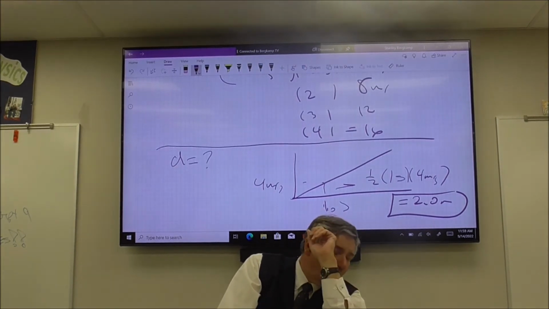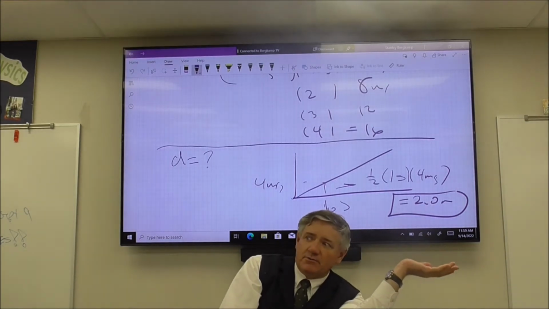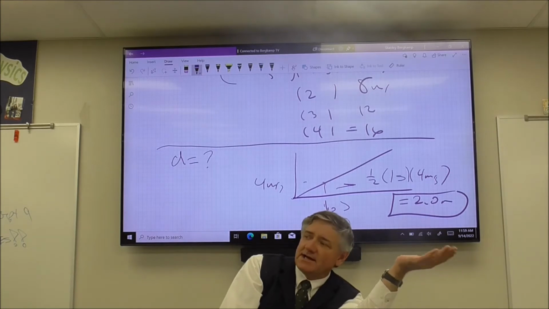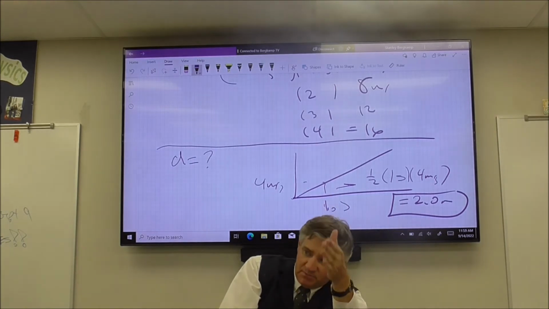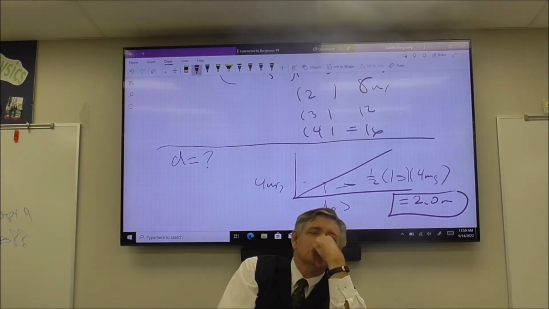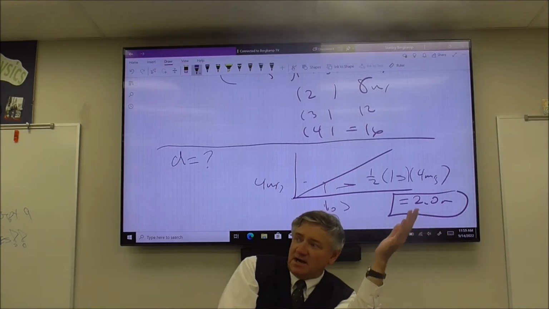Now, why couldn't I just take 4 meters per second times 1 second and go, oh, it went 4 meters? That'd be the easiest thing to do. Why can't I just take 4 meters per second times 1 second and say it went 4 meters? Did you start out at 4 meters per second? Yeah. It's not going 4 meters per second the entire time.